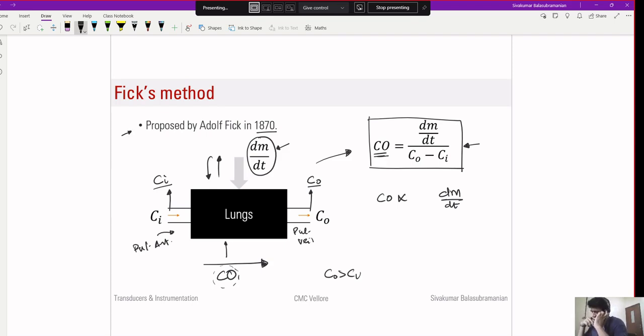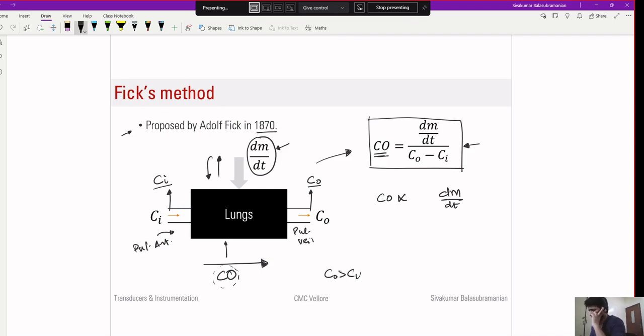So, the flow rate is like the amount of the concentration of the oxygen that is being absorbed by the body, by the lungs. Depending on that, how much of it is getting delivered to the tissues is also dependent on the mass flow rate of the oxygen concentration in the body. So, in that way, cardiac output will be proportional to the amount of oxygen consumption.